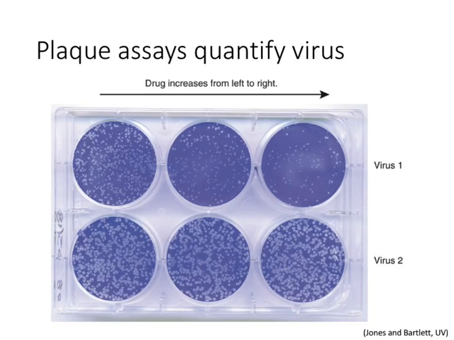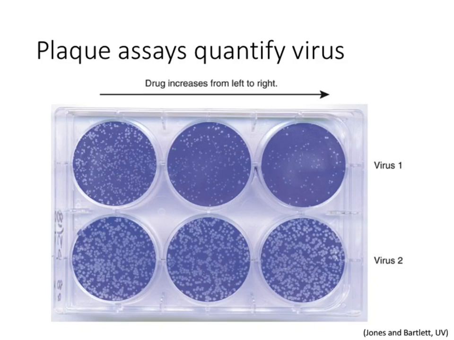In eukaryotic cells, we have to do these plaque assays a little bit differently. Since eukaryotic cells are not easy to see, like a lawn of bacteria, we have to stain them. You would perform the experiment similarly, adding a virus to a plate of human cells that are flat on the plate.